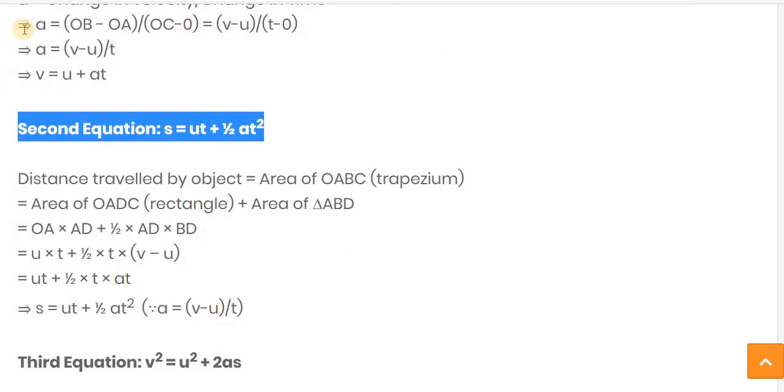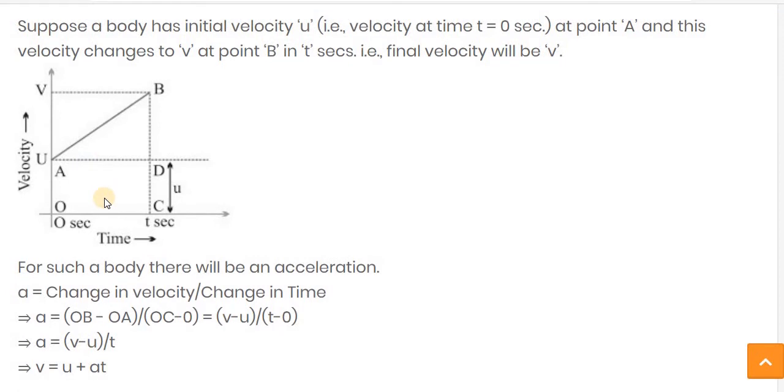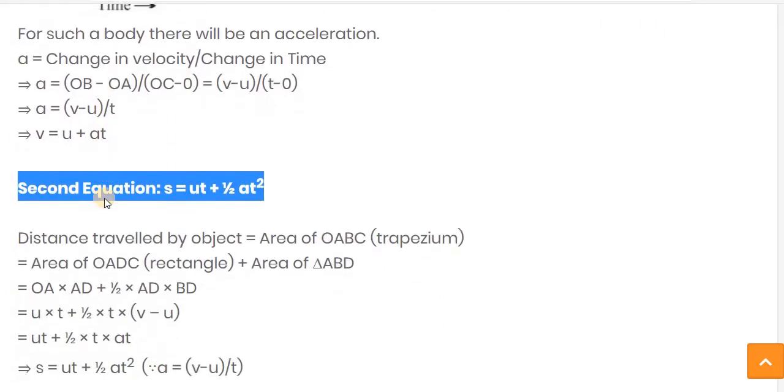The distance traveled by the object is the area of AOCB. This is a trapezium, and to find its area we add two things, one triangle and the second a rectangle. If we count the area of the triangle and the area of the rectangle and add both, we finally get the area of this trapezium AOCB.